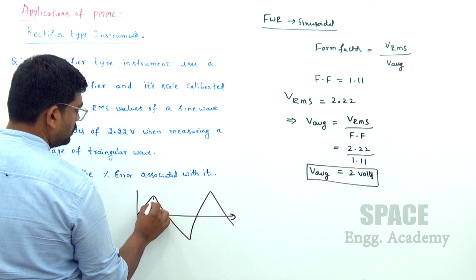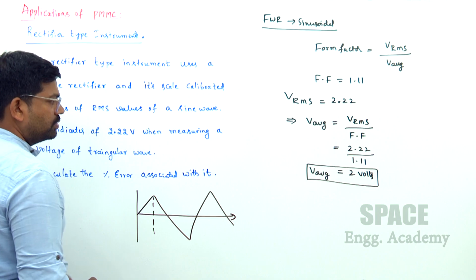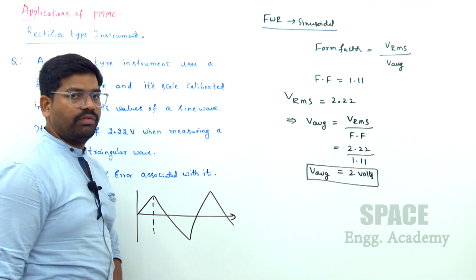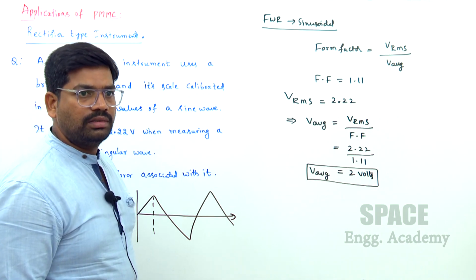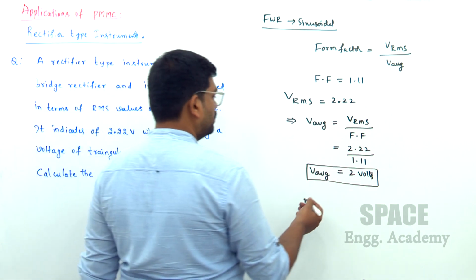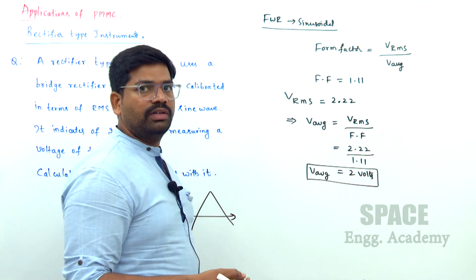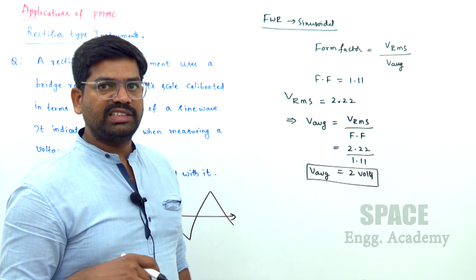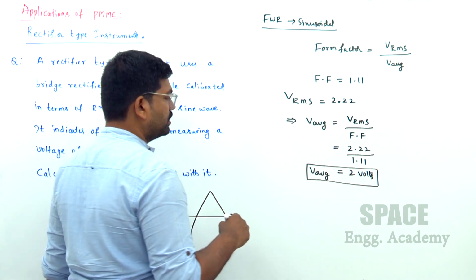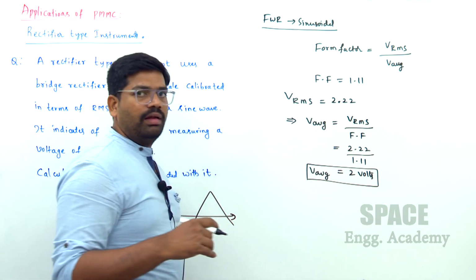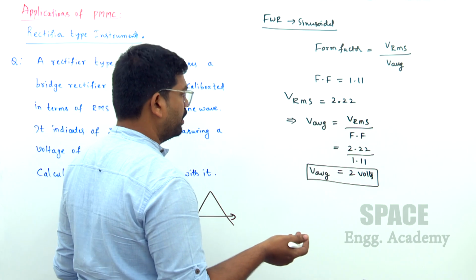Like this. So, how to get Vm here? So, Vm, that is maximum value, because once you know the maximum value, then you can find the RMS value, actual value, right or not?